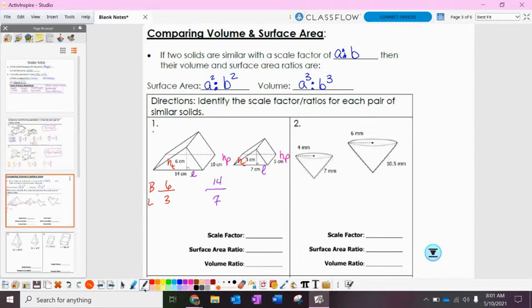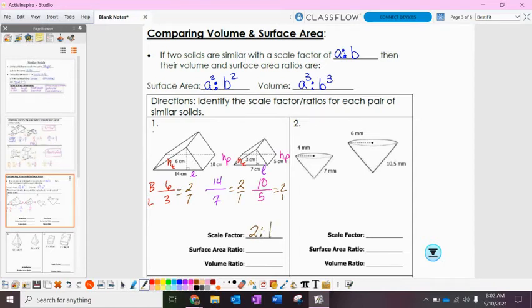And when I compare the heights of the prism, that's going to be 10 to 5, okay? A lot of you probably could see it as you were writing it in your head. That simplifies down to 2 over 1, that simplifies down to 2 over 1, and that simplifies down to 2 over 1. So the scale factor is a ratio of 2 to 1.